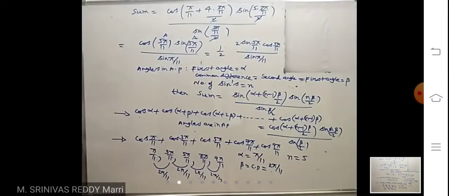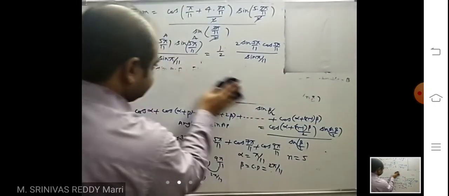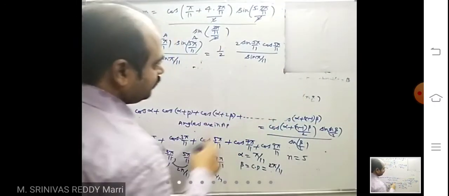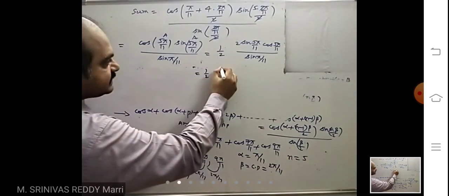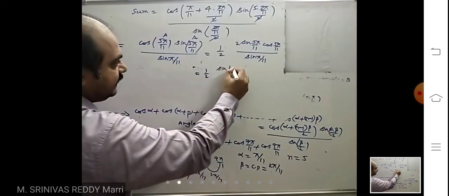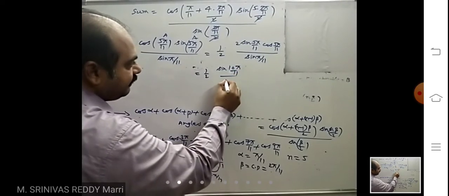After writing the formula, I will make a little bit of adjustment, simplification. Now if you look, half into sine 2a, sine 2 into 5 pi by 11, 10 pi by 11.